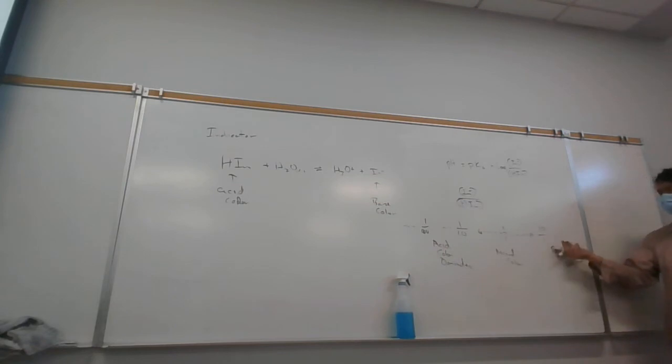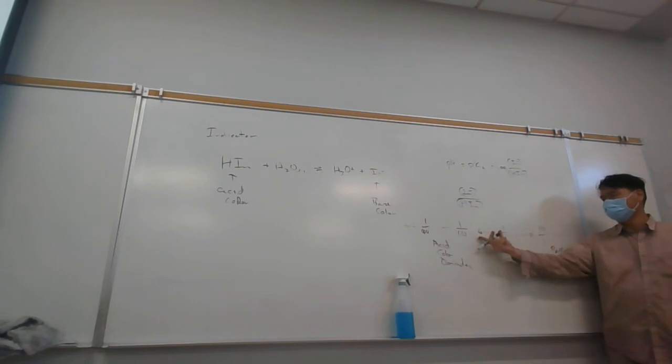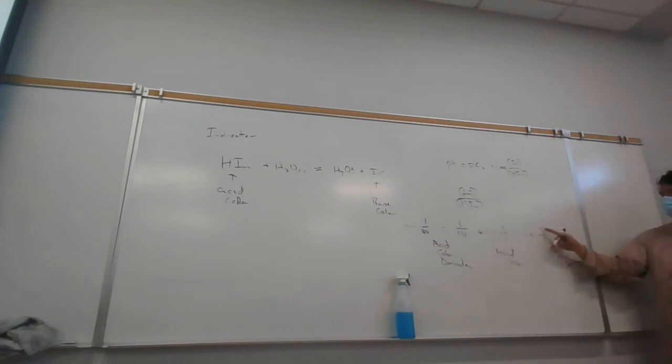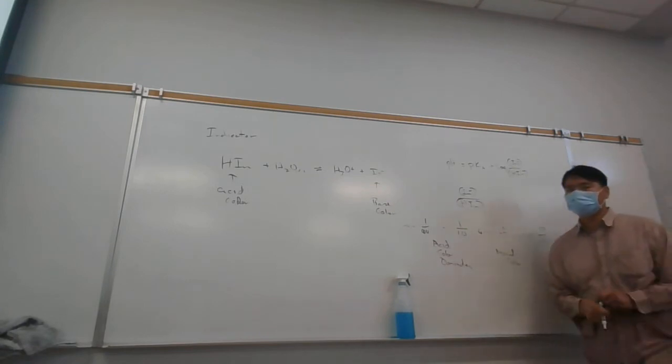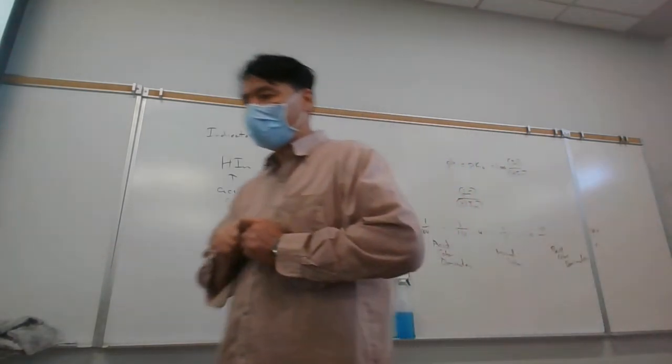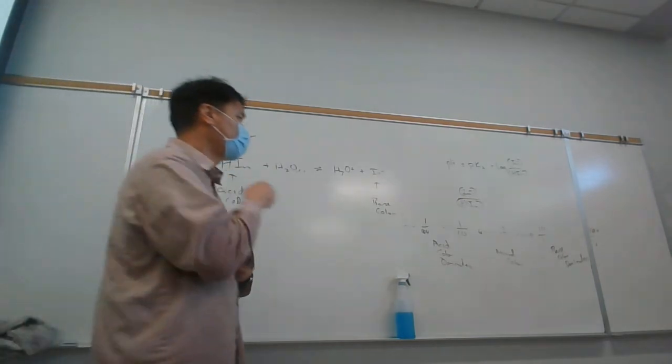The base color is like a darker pink. And so the mixed color here is going to be between colorless and pink. And then once we hit like a 10 to 1, it's a solid pink all the way. We can go 100 to 1 or 1,000 to 1 or whatever: solid pink.